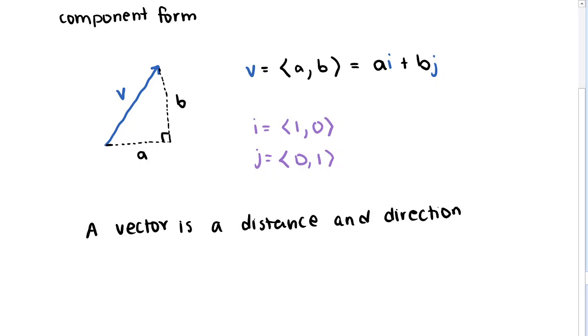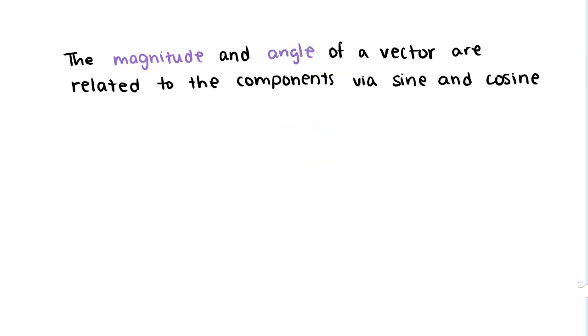I'd really like to focus on these parts of a vector. When I say distance, we might call that magnitude. And when we talk about direction, we might be talking about an angle. The way the magnitude and the angle of a vector are related to the horizontal and vertical components of a vector is via the sine and the cosine function.